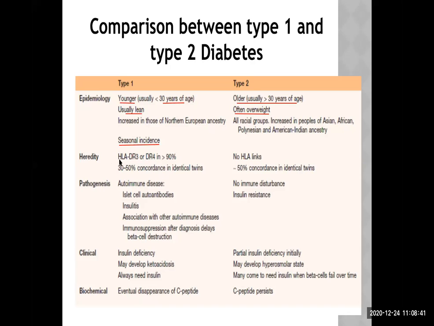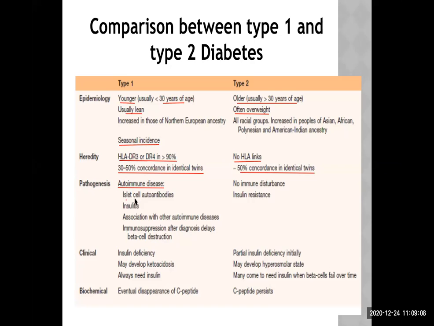Regarding heredity, HLA-DR3 or DR4 is present in more than 90% of the cases, and there is a 30 to 50% concordance rate in identical twins. In type 2, there is no HLA link, and there is more than 50% concordance rate in identical twins, or sometimes even 100%.